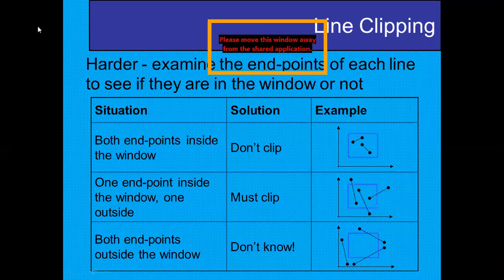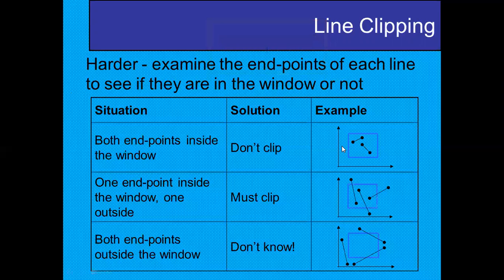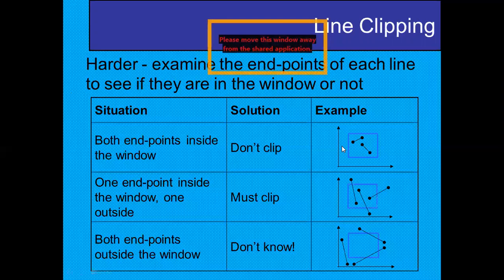Accordingly, we can decide. Now, the first condition is both endpoints inside the window. Here you can see in this slide, in this example, it is understood there is no need to clip. The solution is don't clip it, because it is already lying inside the window.